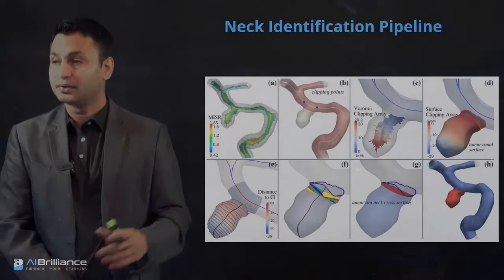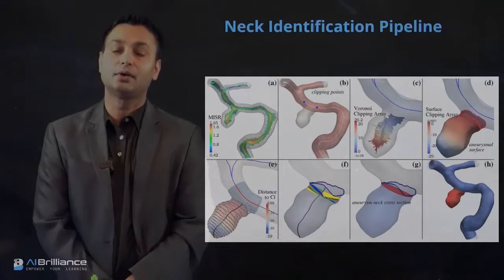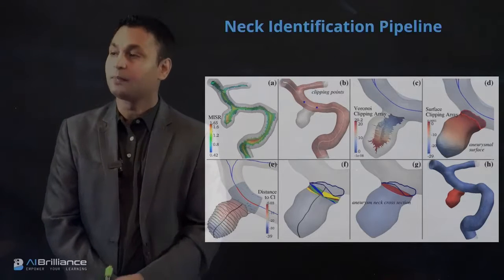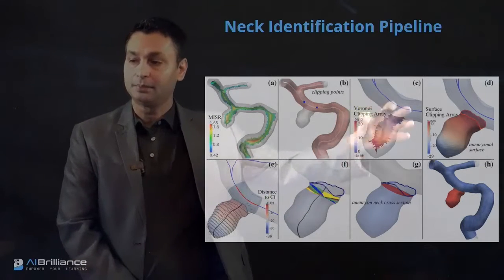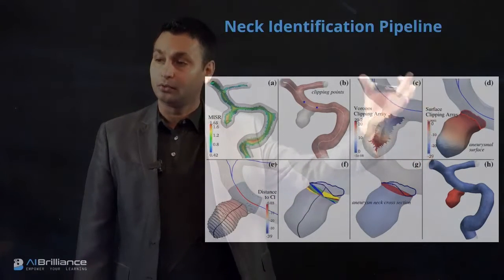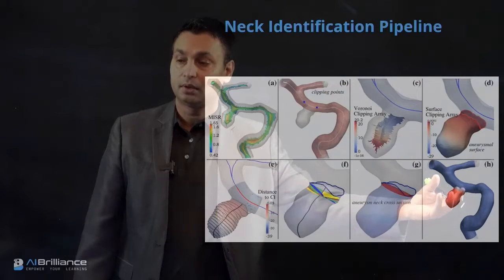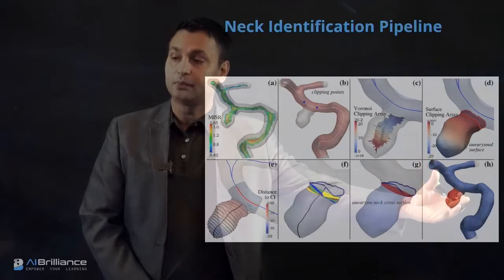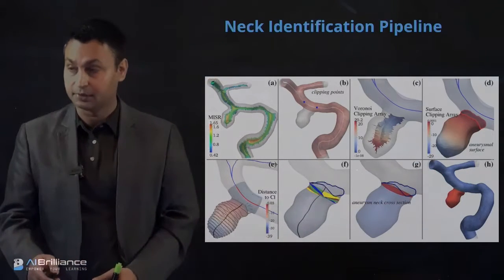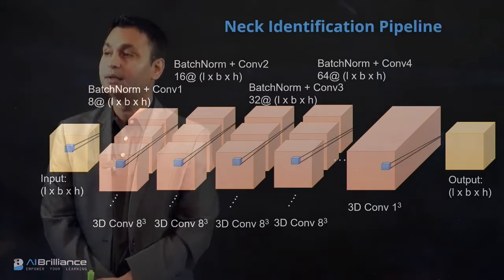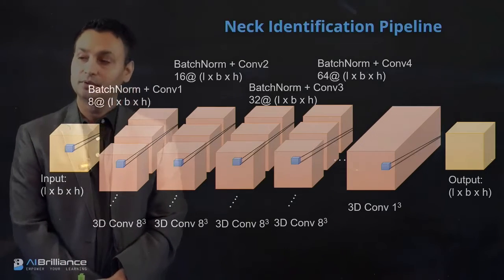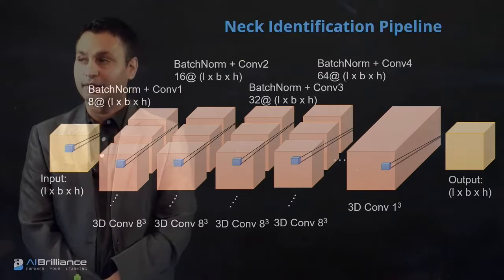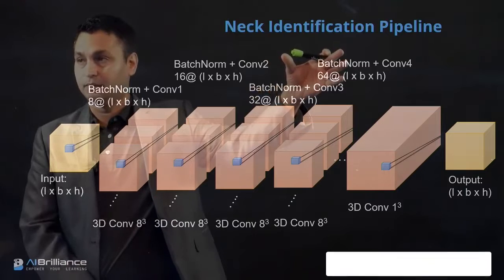So here you can see we have a computational pipeline which also focuses on geometry. We have a geometrical pipeline that helps us take the overall image and identify the red blob that you see at the final portion, which is essentially the aneurysm. Okay, and how do we do that? We use a convolutional neural network to identify the neck portion in the overall pipeline.